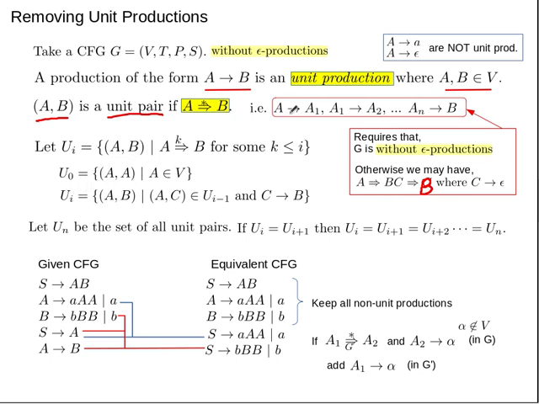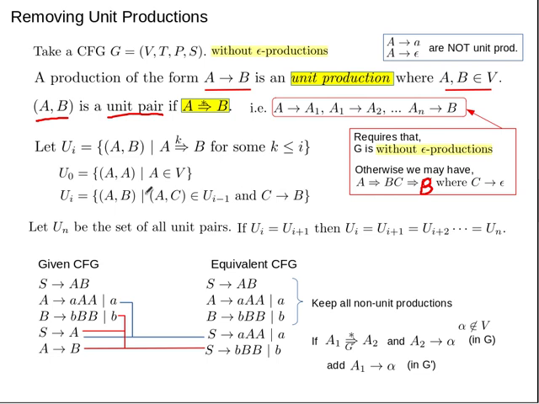That means you have exactly k intermediate steps, k many unit productions. So say from A you finally go to some C, and then from C you go to B. That means from A you can go to C in less than or equal to i minus 1 steps, and then from C to B you go in 1 step, because this is a production.